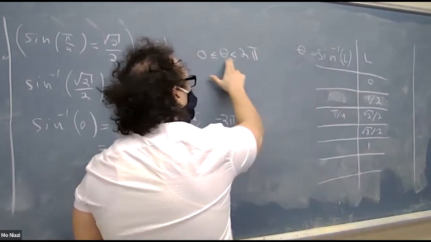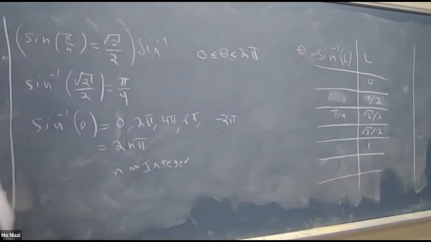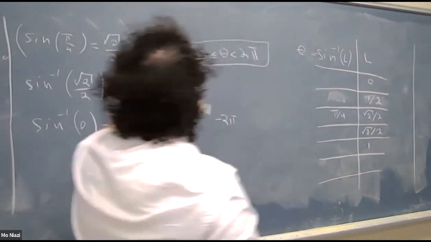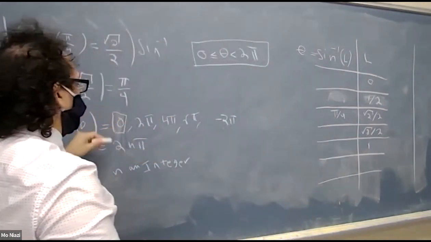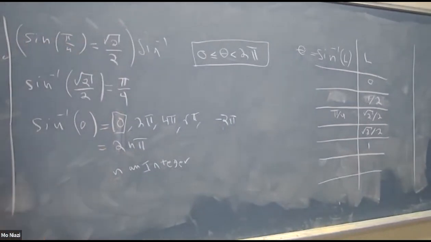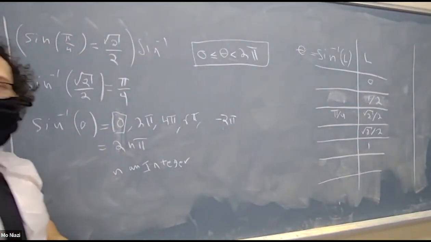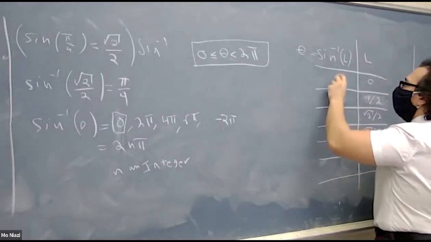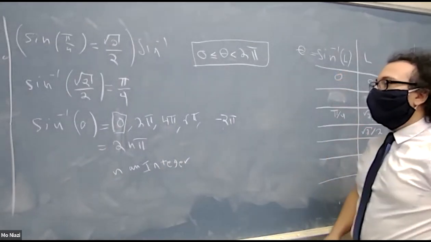And let's not include 2 pi, because then we'll have 2 outputs, won't we? We just want one output for sine inverse. So when we restrict the range like so, then it's only one of them, it's 0. So this question got answered.